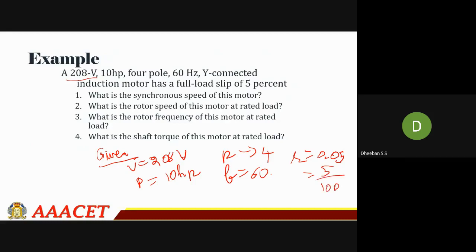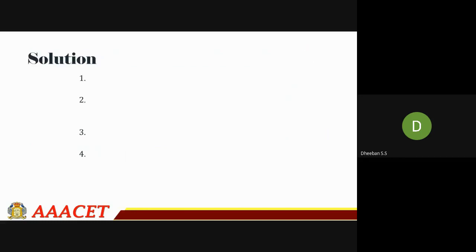They asked to find the synchronous speed N sync, the rotor speed Nm, the rotor frequency Fr, and the shaft torque tau. These are the things they asked.